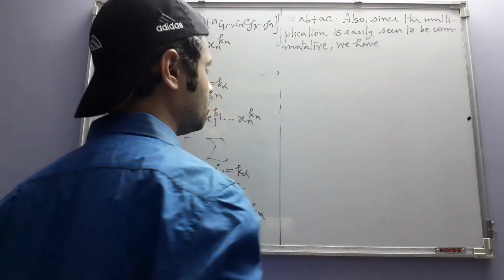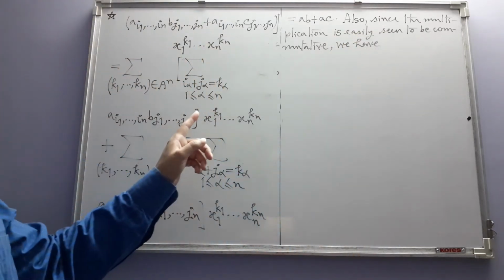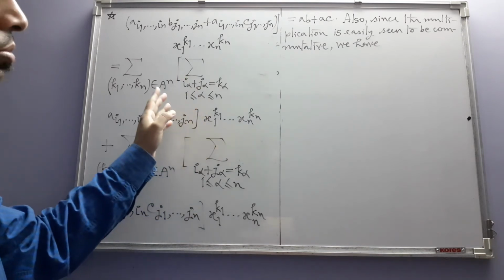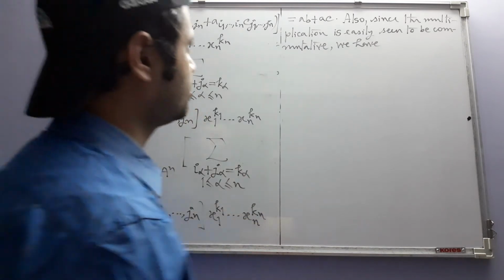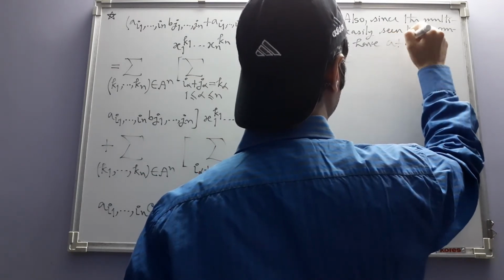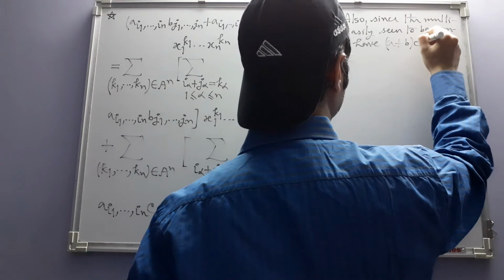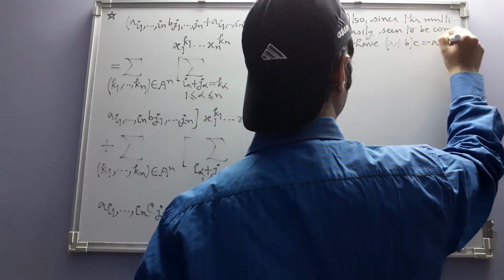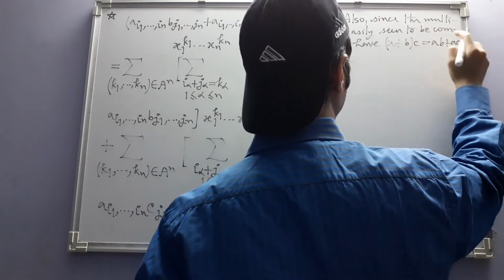So because of commutativity of multiplication, not only is the left distributive law true, but the right distributive law is also true. That is, A plus B times C is also equal to AC plus BC.